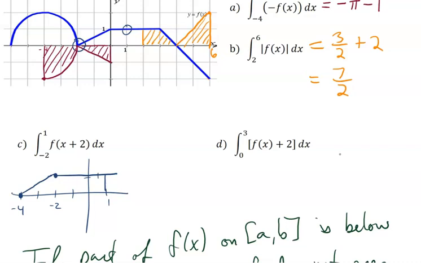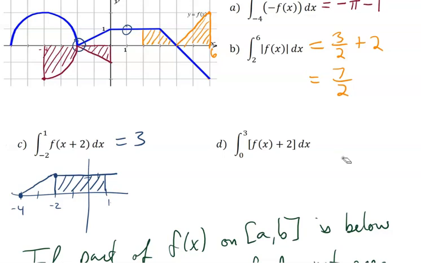I just shifted that part over. The integral from -2 to 1 would be the area of this piece right here, which is 3 by 1. So that's going to be a 3. Okay, now on this one, just a suggestion, instead of shifting the graph 2 units to the left, we could also take our limits, the a and b values are limits, and shift them 2 to the right.